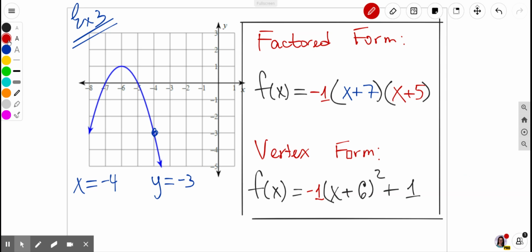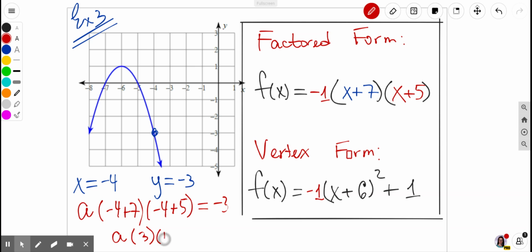Okay, so I'm going to use factored form. In factored form, again, I don't know the a value, right? So we're pretending we didn't know it was -1 and we're just trying to figure it out. So you have -4 plus 7, -4 plus 5, and your answer is going to be -3. So a multiplied by 3 multiplied by 1 is going to be -3.